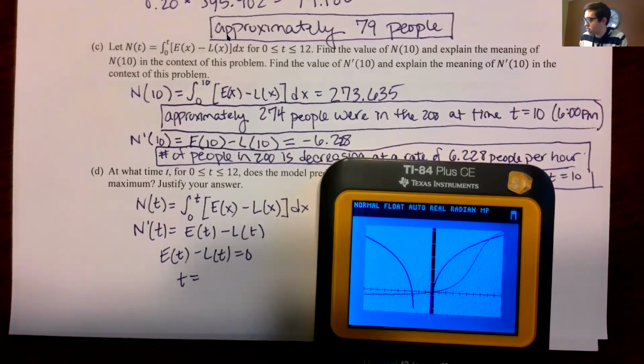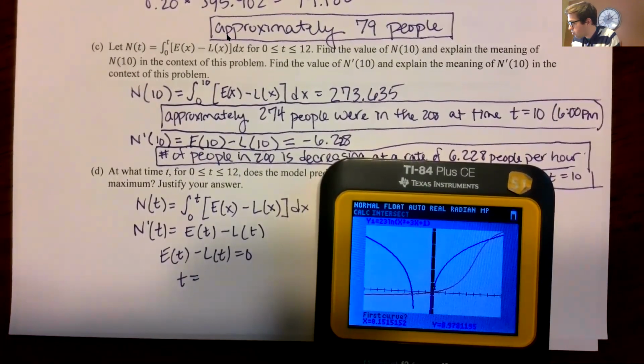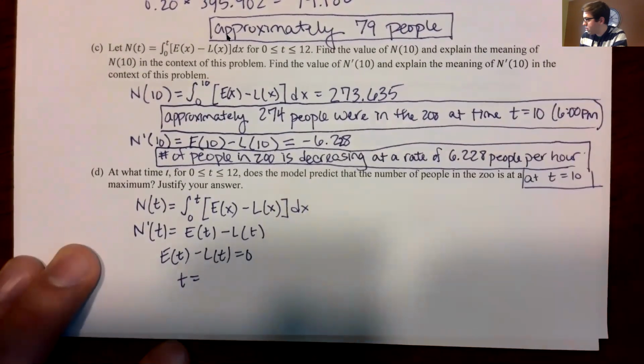So we want to answer from 0 to 12. And there, you can see it right there. So I'm going to figure out, what is that intersection point? Okay, and it's going to be about 8.134.